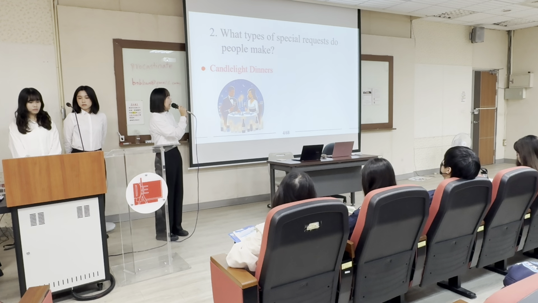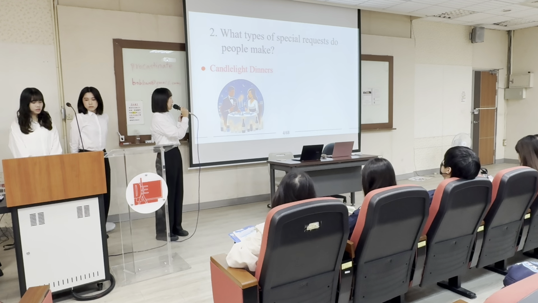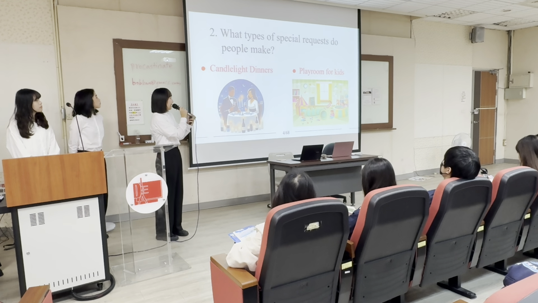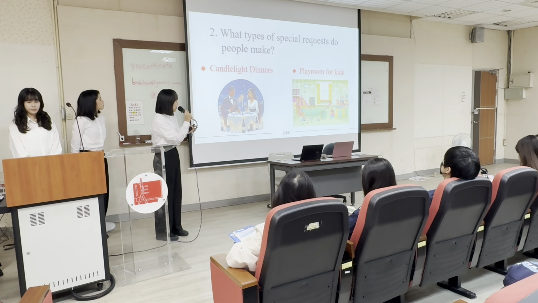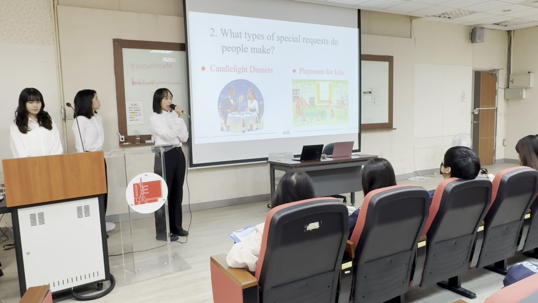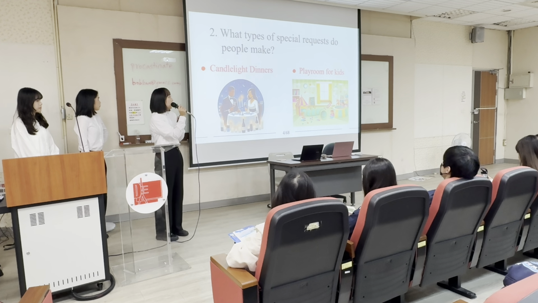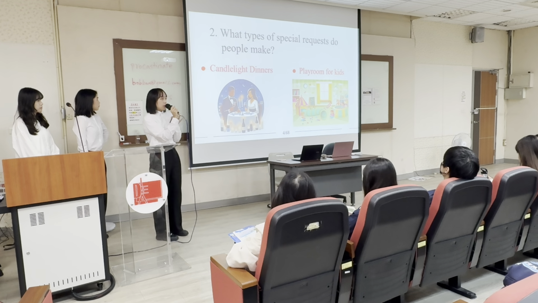Couples often require candlelight dinners to make a romantic and intimate atmosphere, creating a special experience. The other one is a playroom for kids. People often require a playroom to provide a safe and fun space for children, allowing parents to relax while their children play.